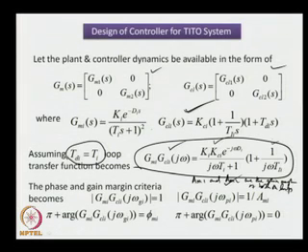At the phase crossover frequency, the net phase angle contributed by the loops will be equal to minus pi, which can be put in the form of pi plus angle of GMI GCLI j omega pi equal to 0.